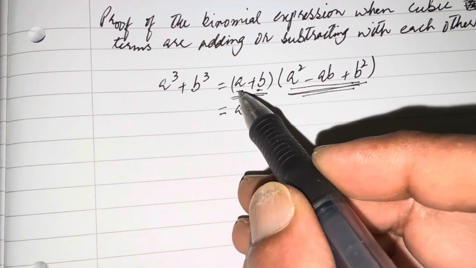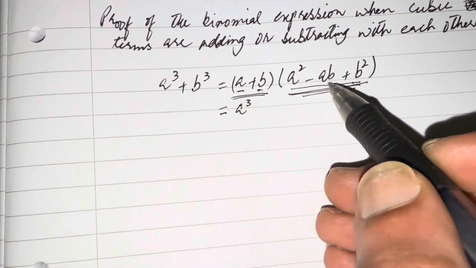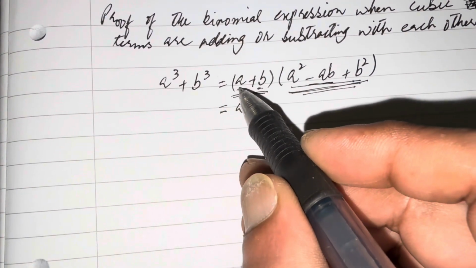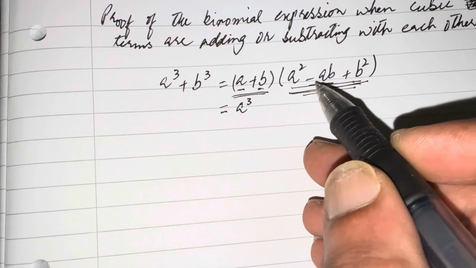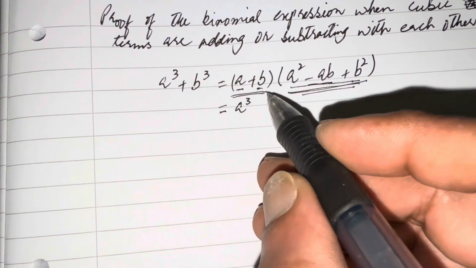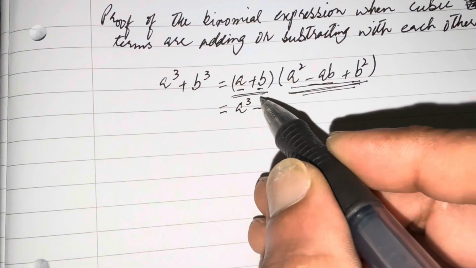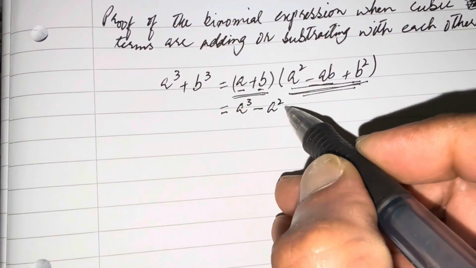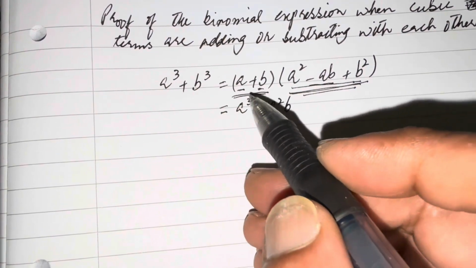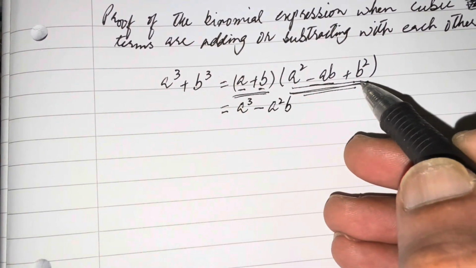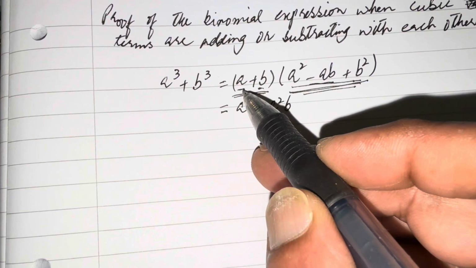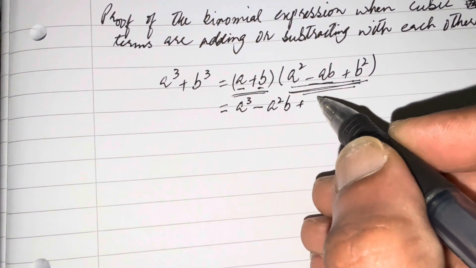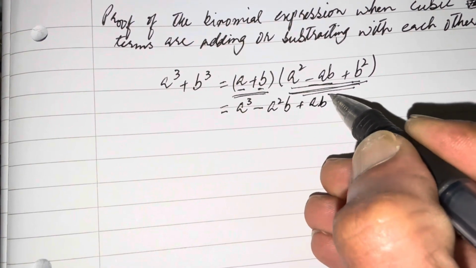And then we will multiply the first one with the second term. A when multiplied with minus ab, the answer will become minus a square b, because a multiplied by a gives a square and b comes along as it is. Then a will multiply with the last term, plus b square, and it will become a b square.